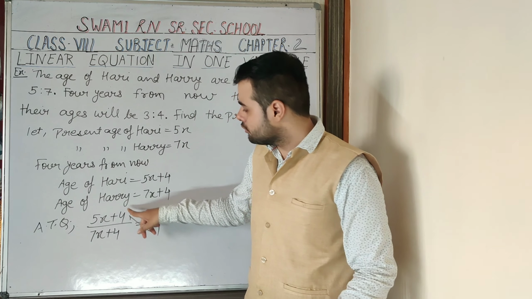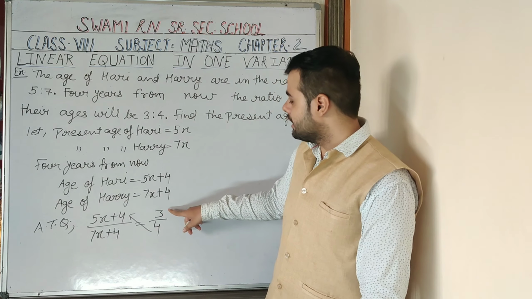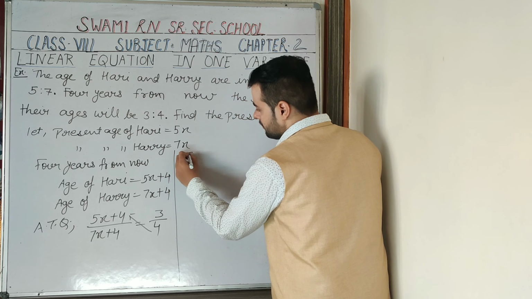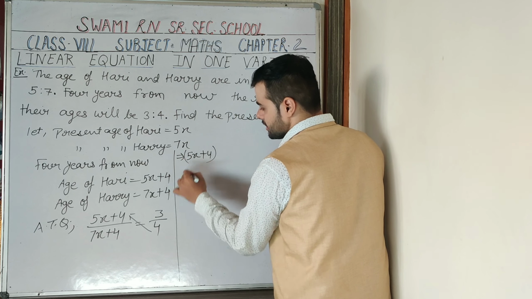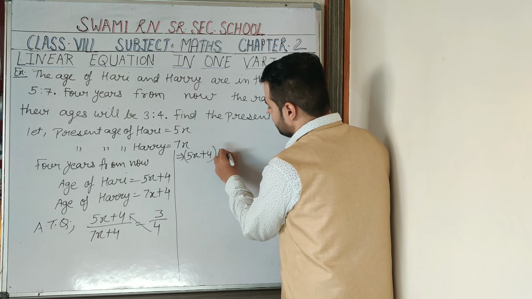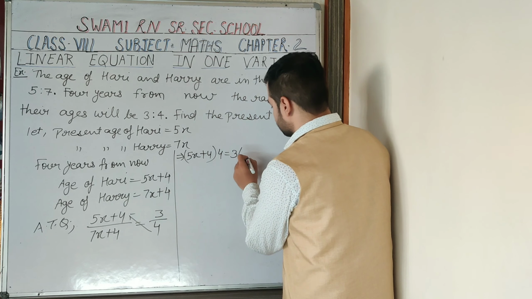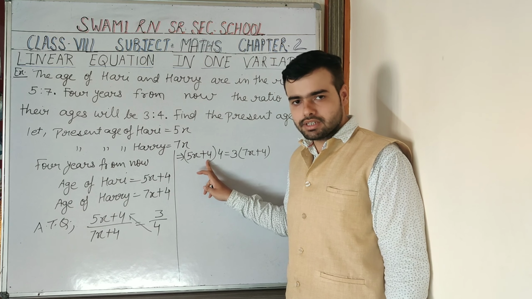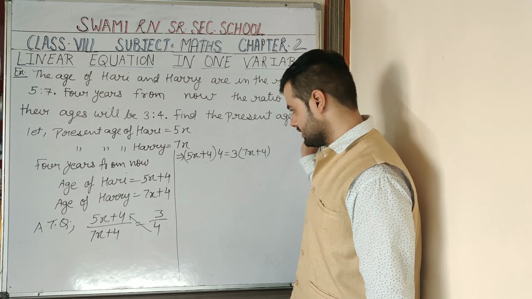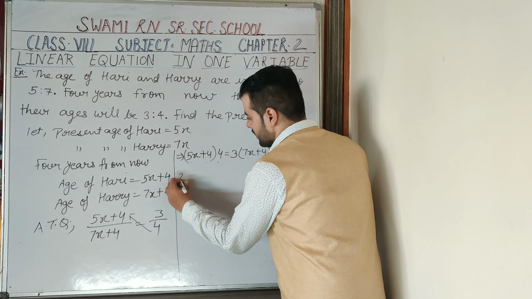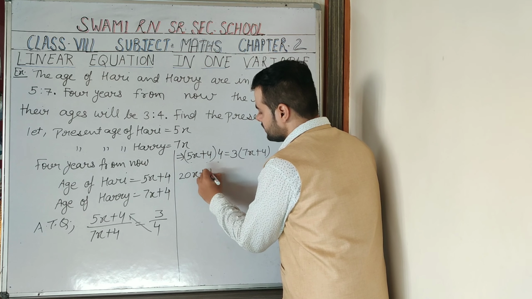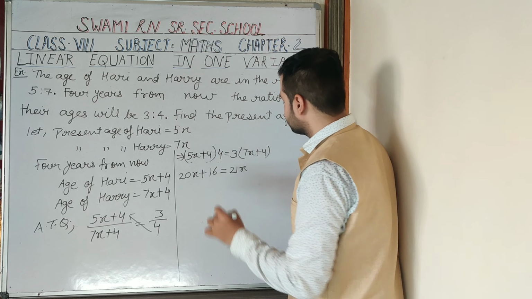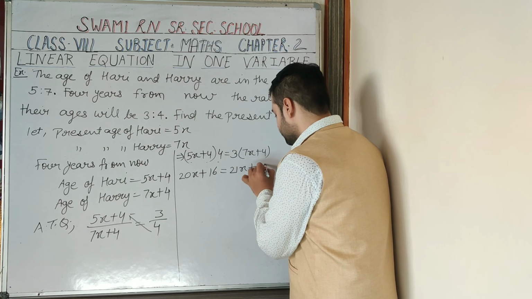We will multiply this 4 by 5x plus 4, and this 3 by 7x plus 4. When we multiply, we multiply 4 by both of these terms and 3 also by both. So 5 4s are 20x, 4 4s are 16, 3 7s are 21x, 4 3s are 12.